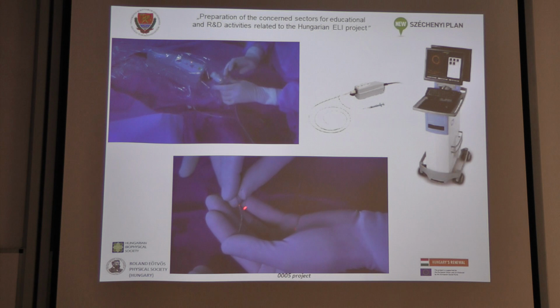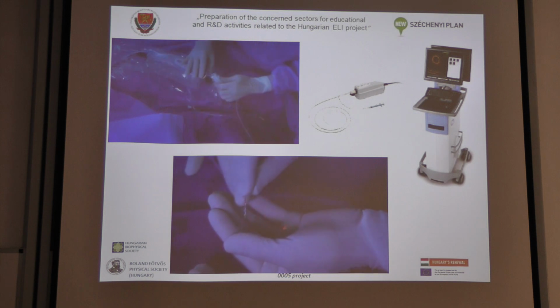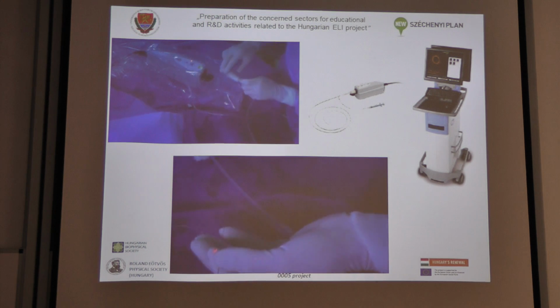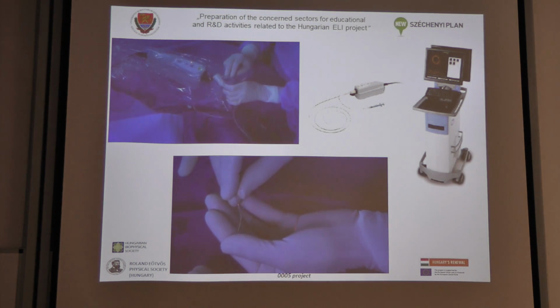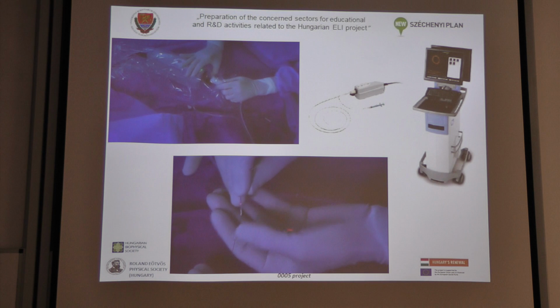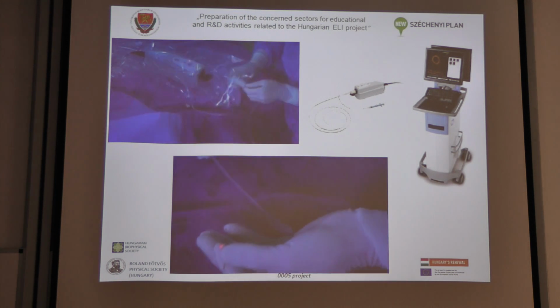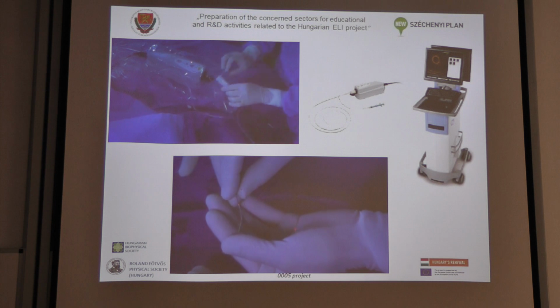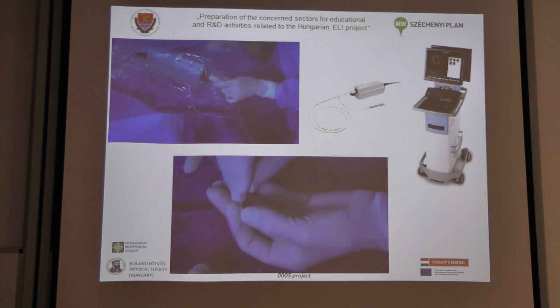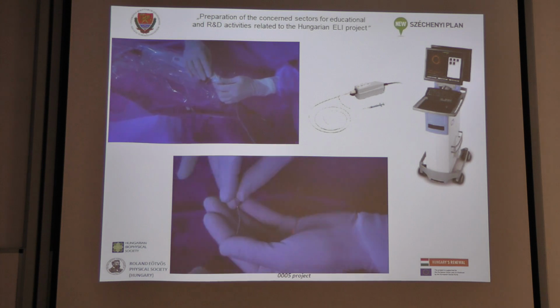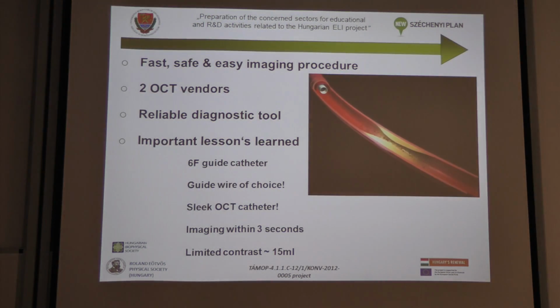And there is a plastic tube which covers this fiber optic little cable, so there is no heat transmitted to the blood or to the epicardial wall. At least we believe that there is no thermal side effect of this examination.